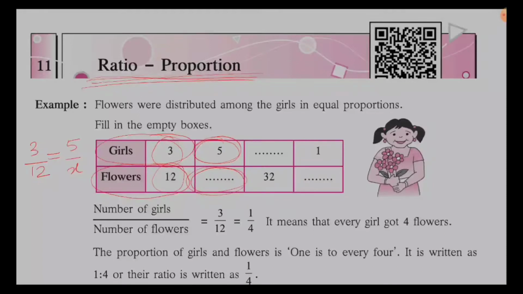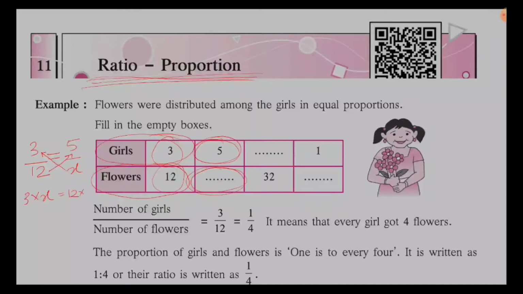Now we know that we have done the previous chapter's equation. If x is getting divided over here, then it will be getting multiplied. This will get multiplied over there, 3 into x, and this 12 will be getting multiplied with 5.